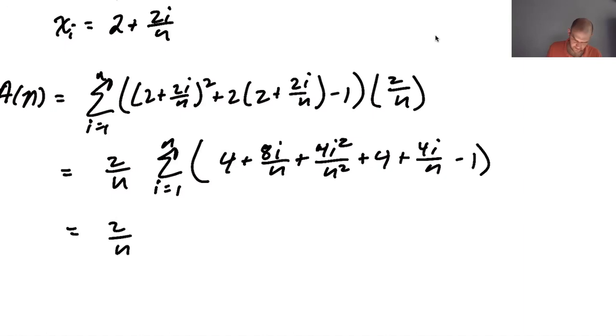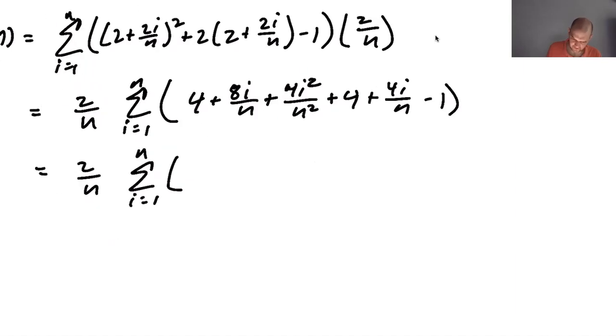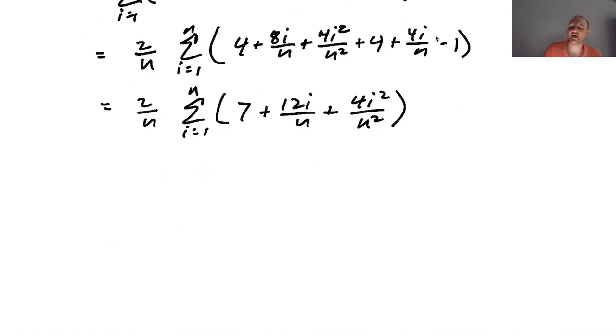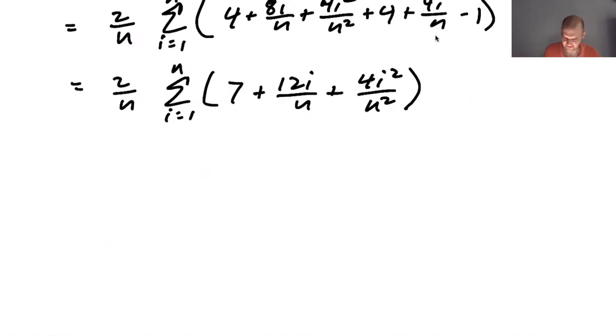Okay, what collects? 4 minus 1 is 7. 8 plus 12i. The fun part is when you get them wrong and then you get to go back and figure out where. We saw last time what the most common place is when you have the sum of i squared. Everybody forgets that 2 that's just hiding inside as a factor.